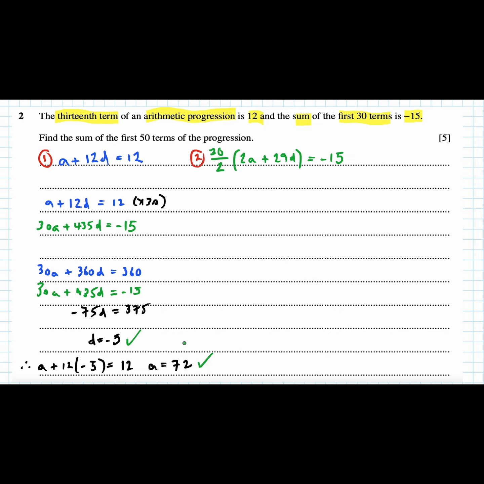So d and a have been solved, and the third part of this is to find the sum of the first 50 terms. So we're going to reuse that sum formula. 50 over 2, 2 times 72, plus 50 minus 1 is 49, times minus 5. The final answer is minus 2,525.